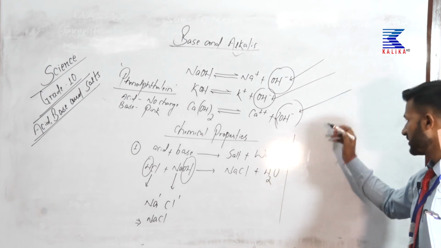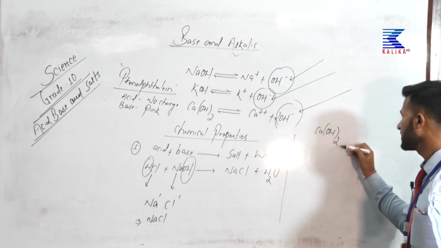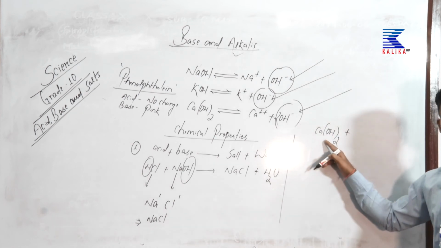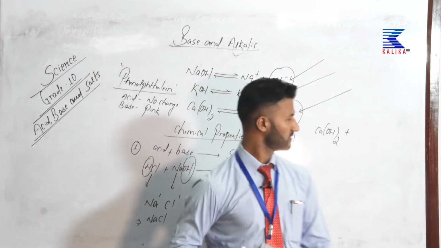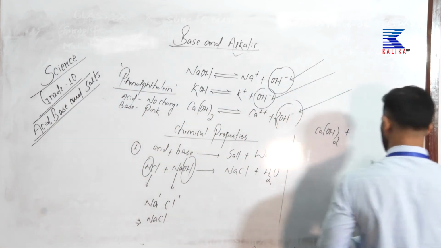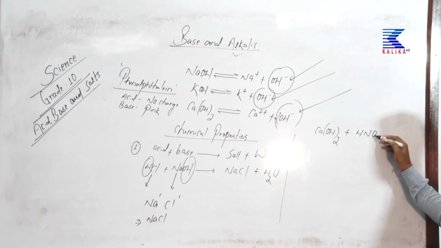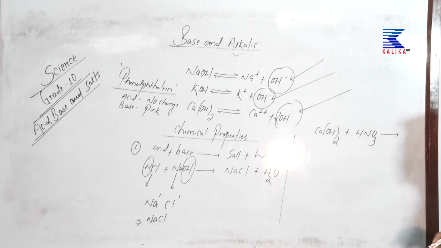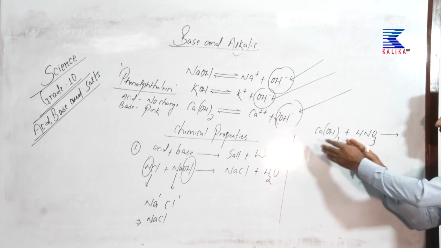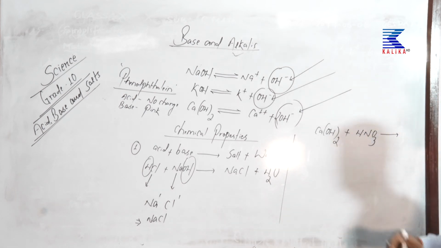One more example, Ca(OH)2. Look, this is another base, calcium hydroxide. It is also called lime water. When it is treated with one of the acids, say HNO3, nitric acid, and they are more or less equal in terms of their strength, they produce neutral salt.